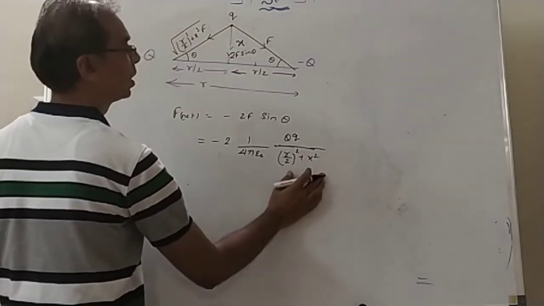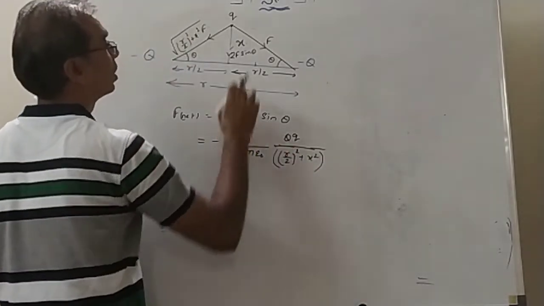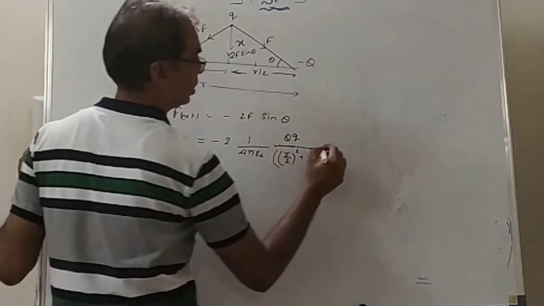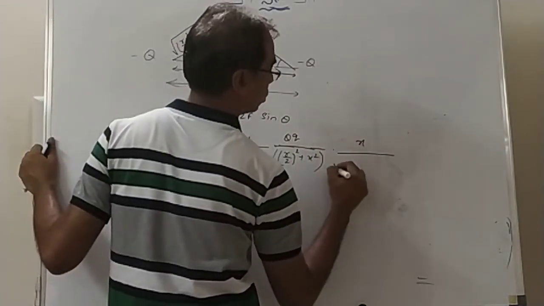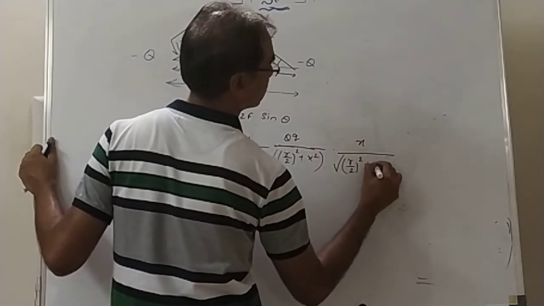So that's why I'm writing it in this way. That's F. Sine theta. Now sine theta is what? x by this distance. So write x by root over r by 2 whole square plus x square.